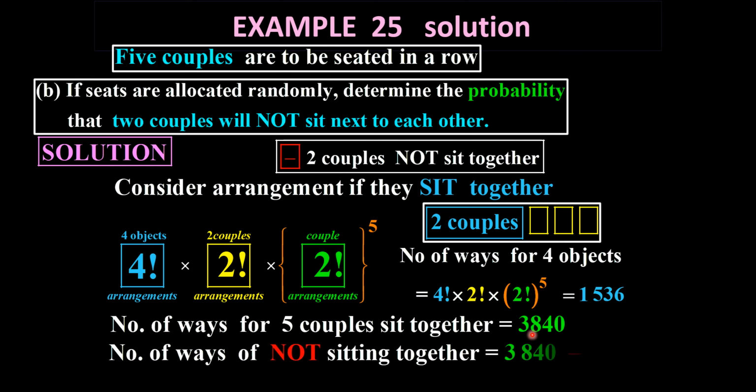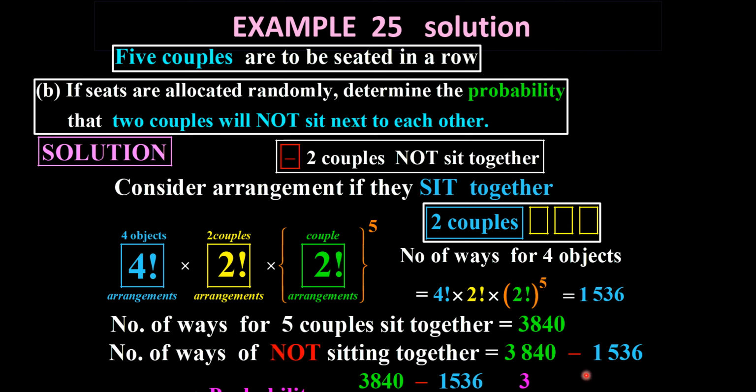So if I want to work out how many of them are not sitting together, it's when they do sit together, just when the couples are arranged in 3,840 ways, and I remove the number of cases where they do sit together, and that will tell me how many.